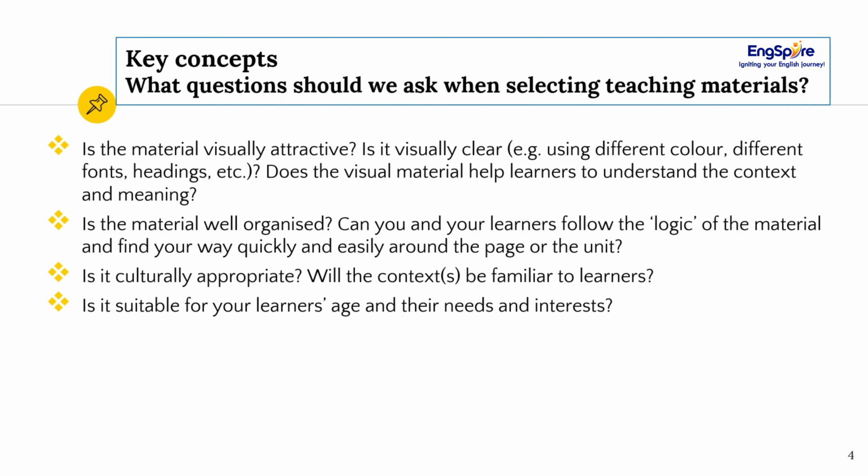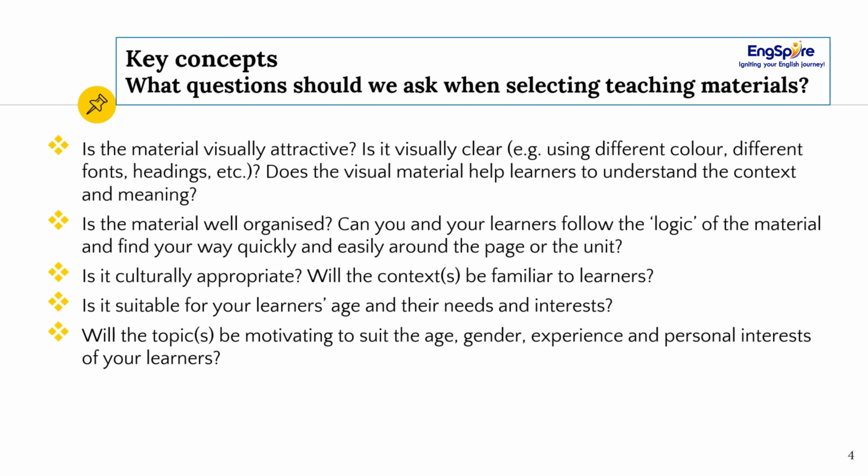A unit about job interviews might work really well for adult learners, but be far less relevant for a group of teenagers. A unit about school life or social media, on the other hand, might connect with them much more.